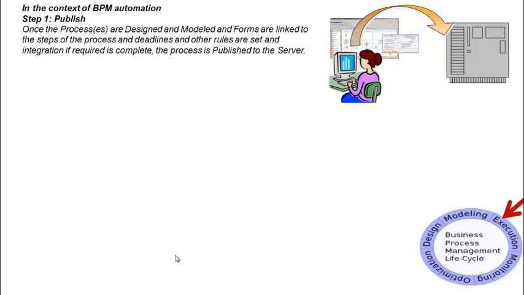So with a business process management tool like BizFlow, once we've designed the process and modeled it, we've input all of the information about who's doing what and when and what forms we're going to use, and we've added things like deadlines and routing rules, and maybe integration points into the model, the designer of the process, usually somebody in the IT organization or a technical business analyst, is going to then publish that process along with all of its assets or project components to a server.